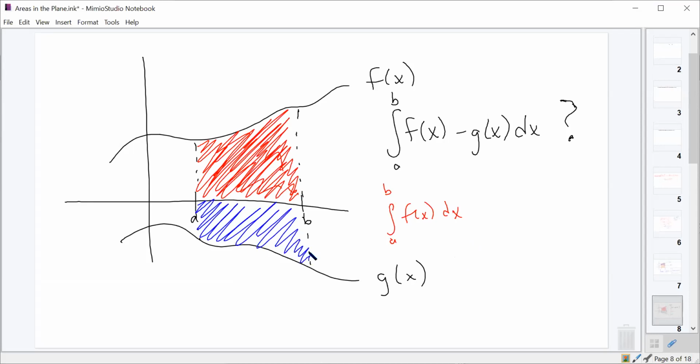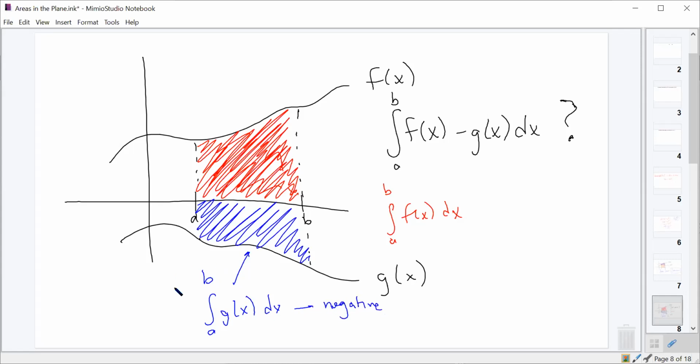This area should be the integral from a to b of g of x, right? Except that the area itself is positive, but the integral is negative. So this integral is a negative value.